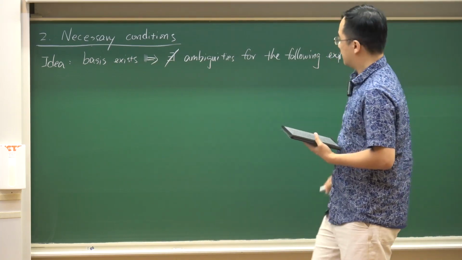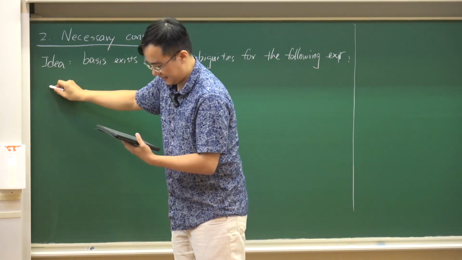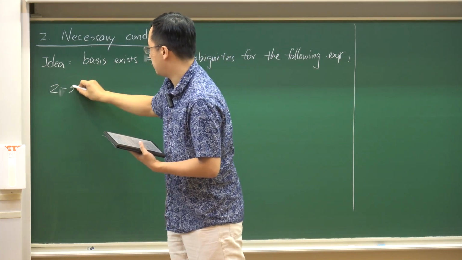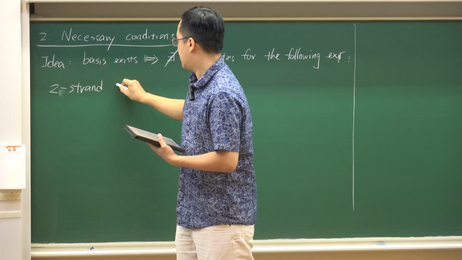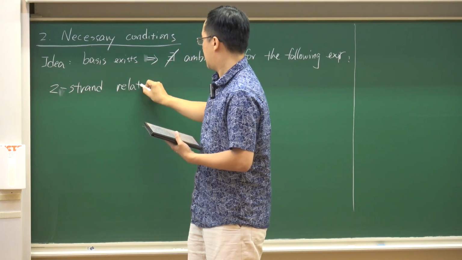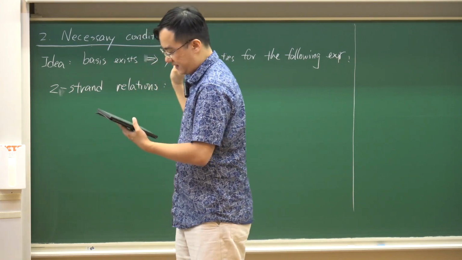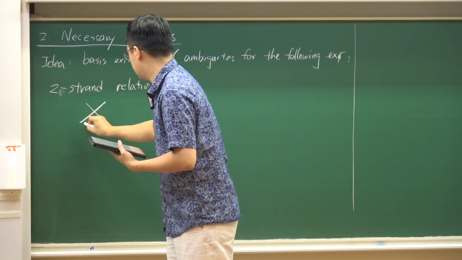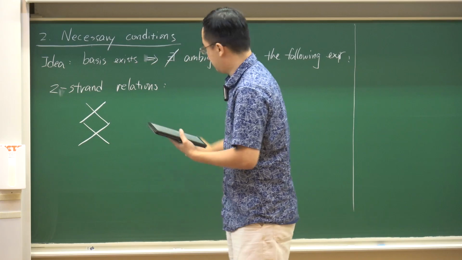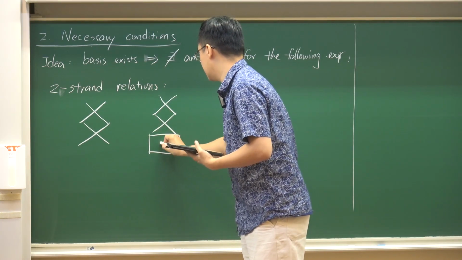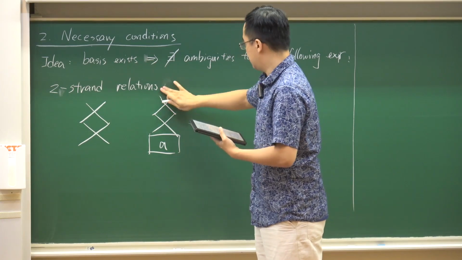The first family is some two-strand relations. So you have something like this, two crosses followed by an element in B tensor B.